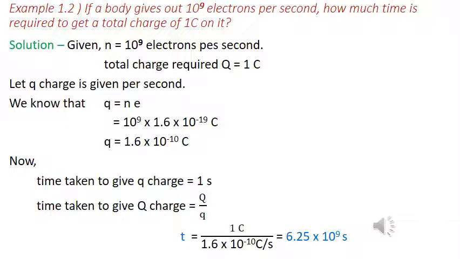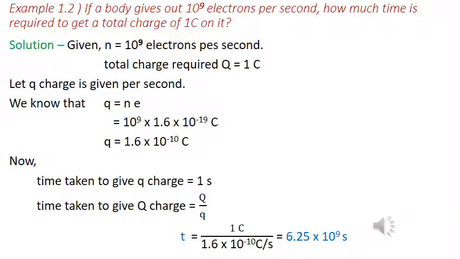Therefore, using quantization of charge, we can write q is equal to n e, where e is the charge on an electron. So by putting the values of n and e, we get q is equal to 1.6 into 10 to the power minus 10 coulomb.